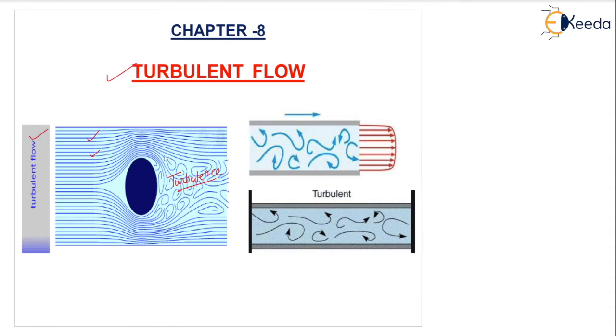You can see this part is the separation part, and formation of eddies and vortices you can see at the back side. This creates the turbulence, and because of this there will be a great loss of energy.